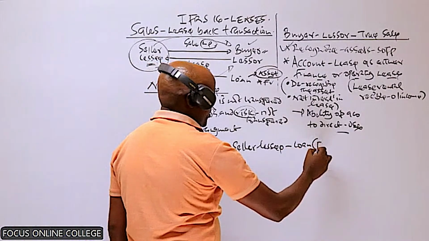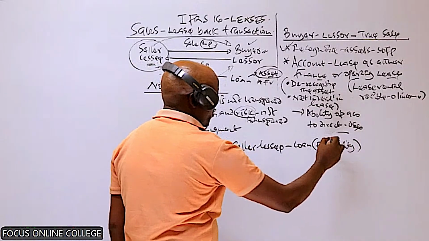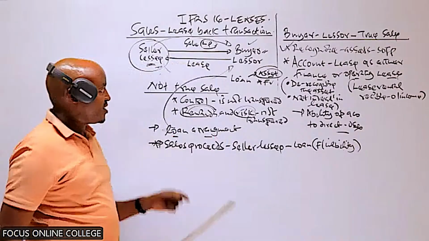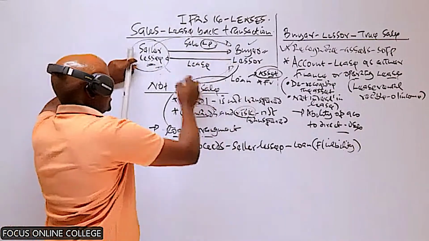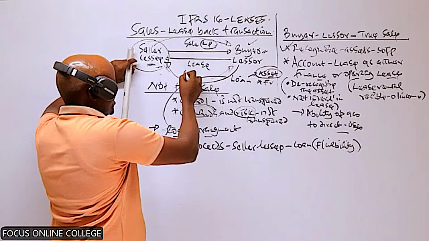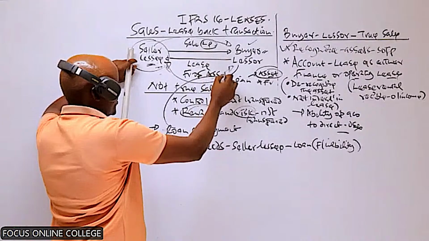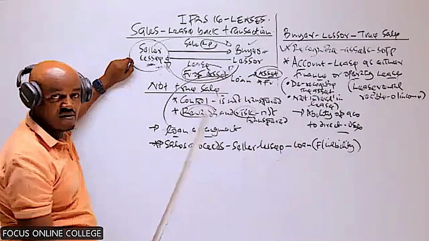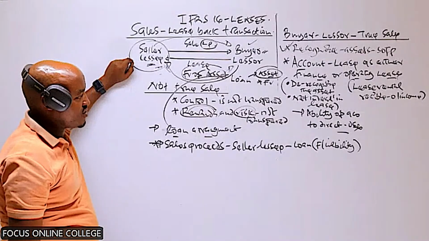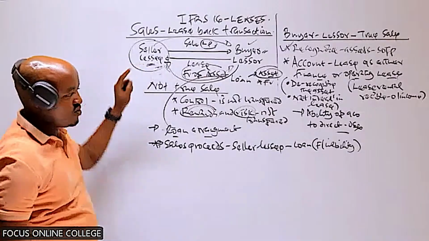In other terms, this will be recognized as a financial liability, because now this company has sold an asset, it has been paid an amount of money equivalent to the fair value of the asset. So that amount of money which has been paid will be treated as a loan.